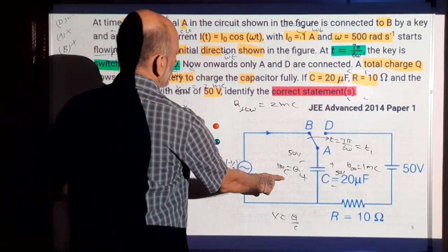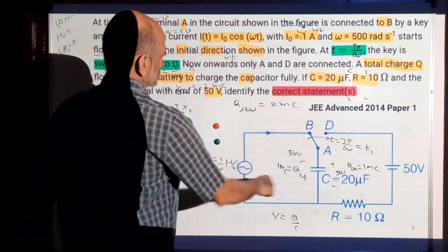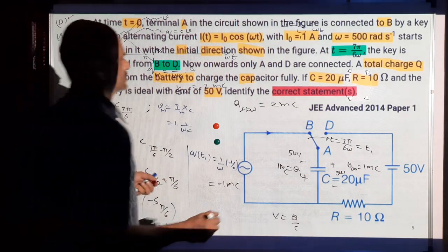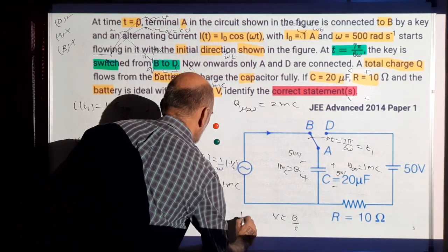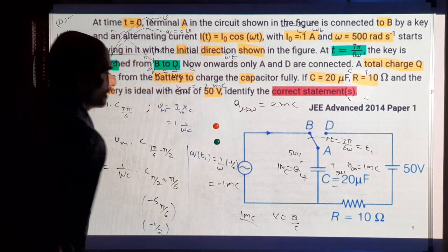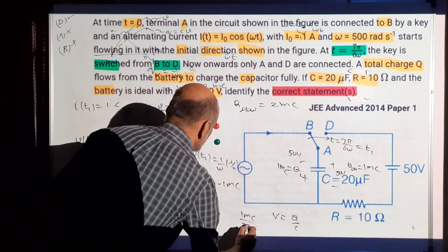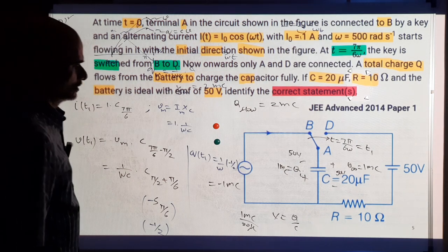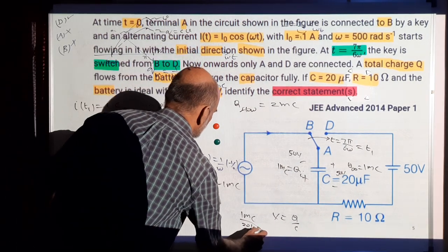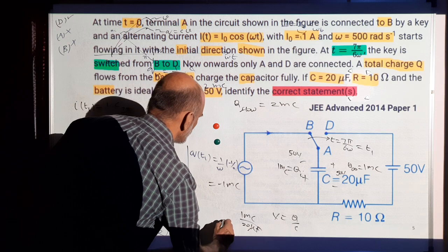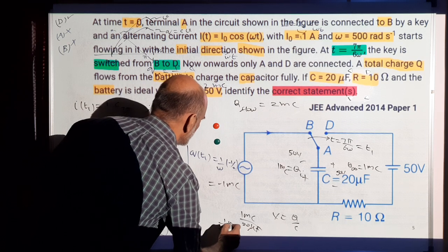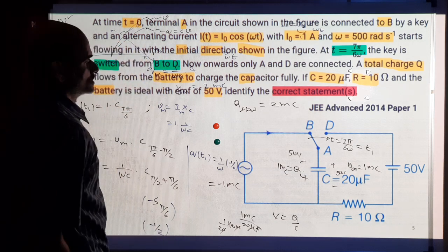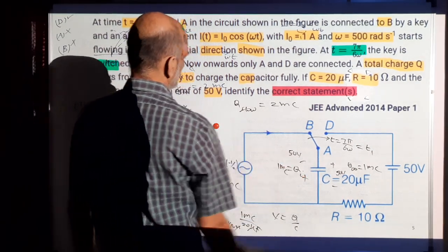The initial charge is 1 millicoulomb, divided by C, which is 20 microfarad. So it will be 1 by 20 into 1000, which is 50 volts, with this polarity.